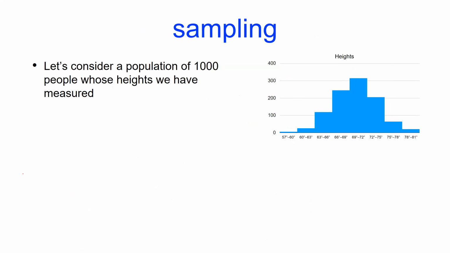So first, think about if we have a population of 1,000 people, for example. We assume our population only contains 1,000 people. In reality, our population usually contains a very large number of individuals. But let's assume this 1,000 people is everything we care about.